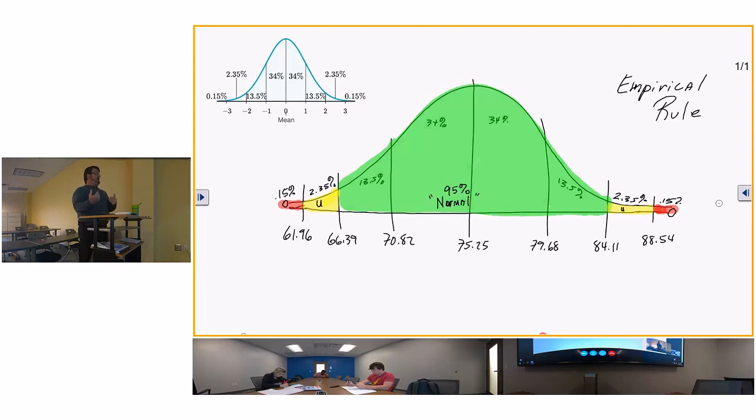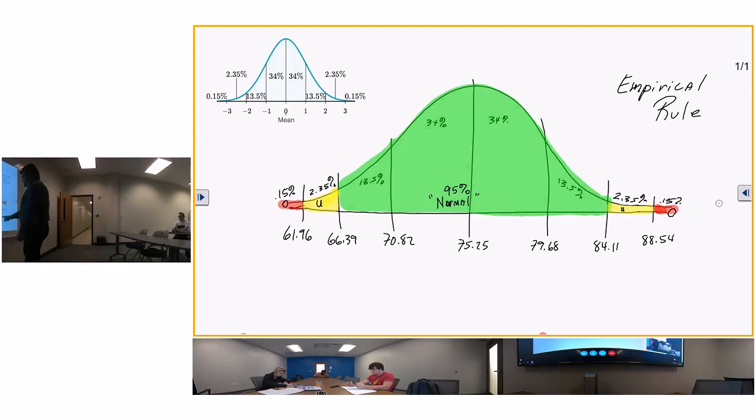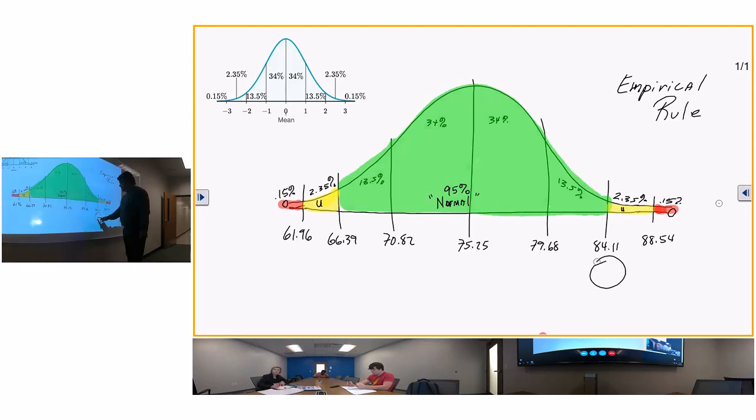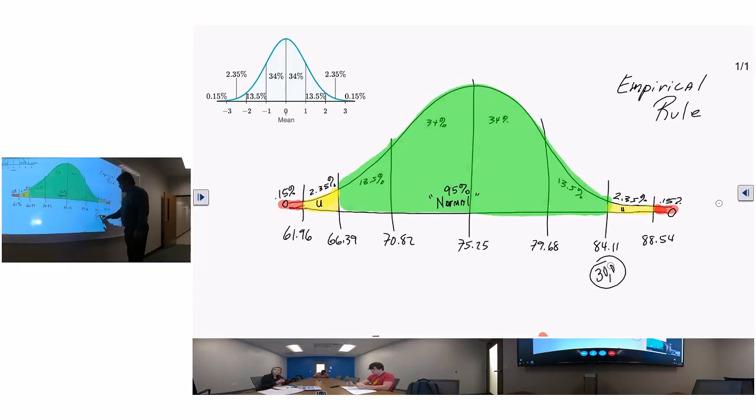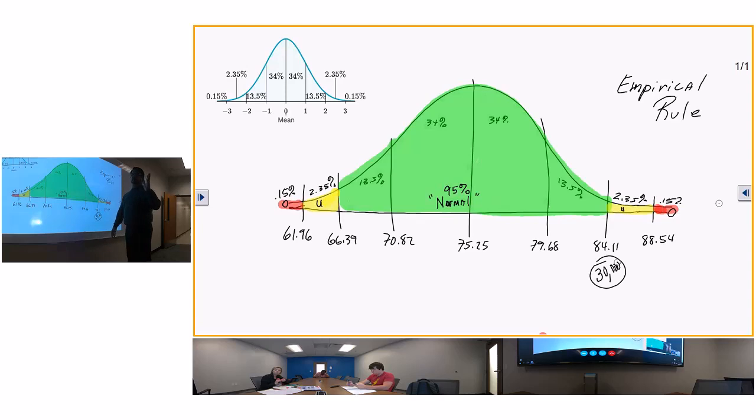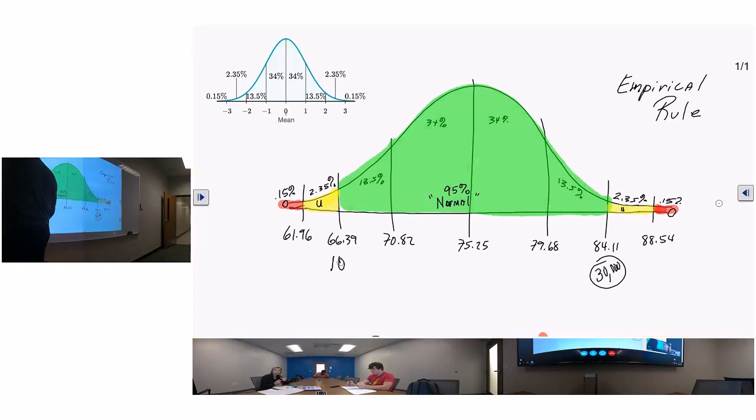Then I found the standard deviation and I drew a curve, and the price up here, I'm going to say was $30,000. I can't remember the numbers. And the price over here was $10,000.